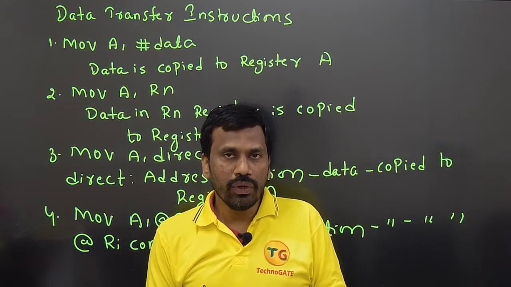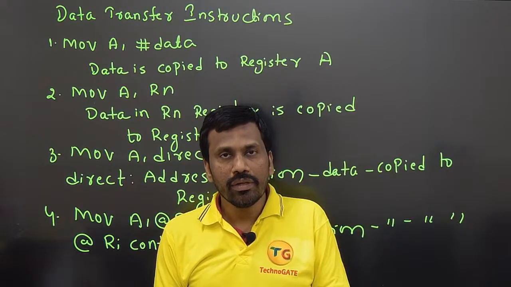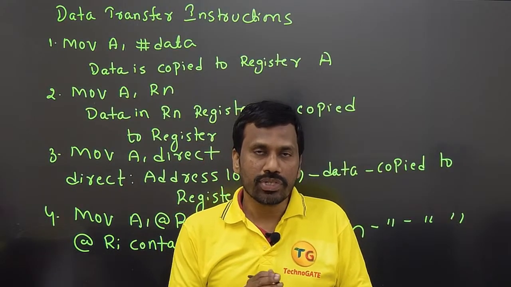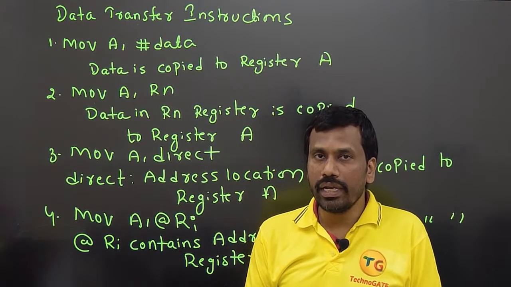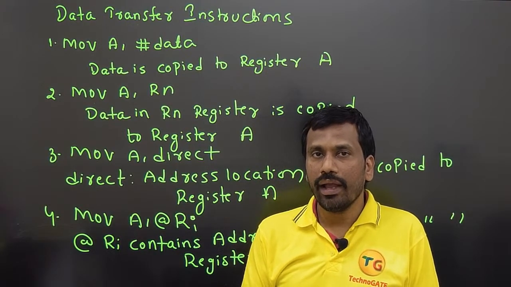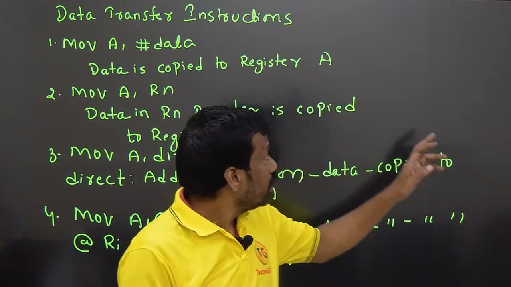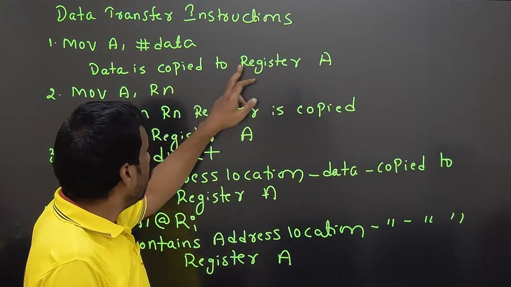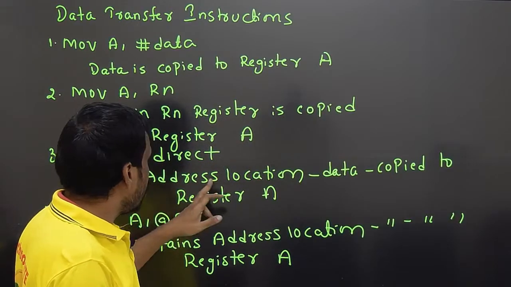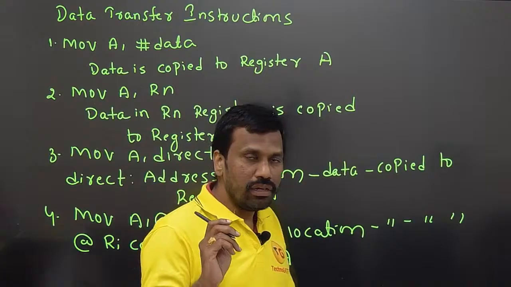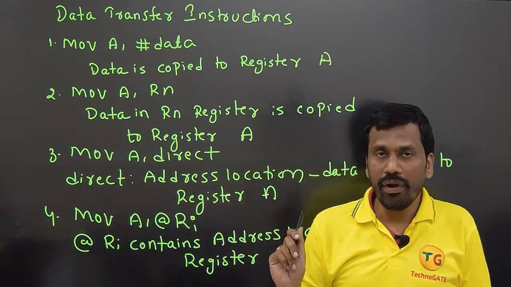So here what we are doing is, we are copying the data into register A. First one, second one, third one, fourth one. If you see the board carefully, the common point is what?